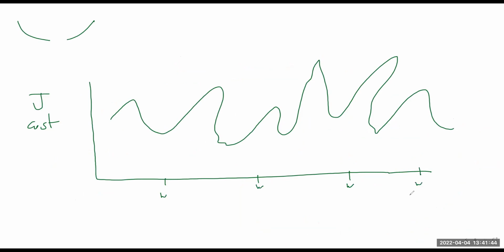How do you know where to start? That's why we start random and we repeat it multiple times. Sometimes the algorithm begins here, and then the algorithm has to decide if it's going to go up or down to find the weight that minimizes the cost.